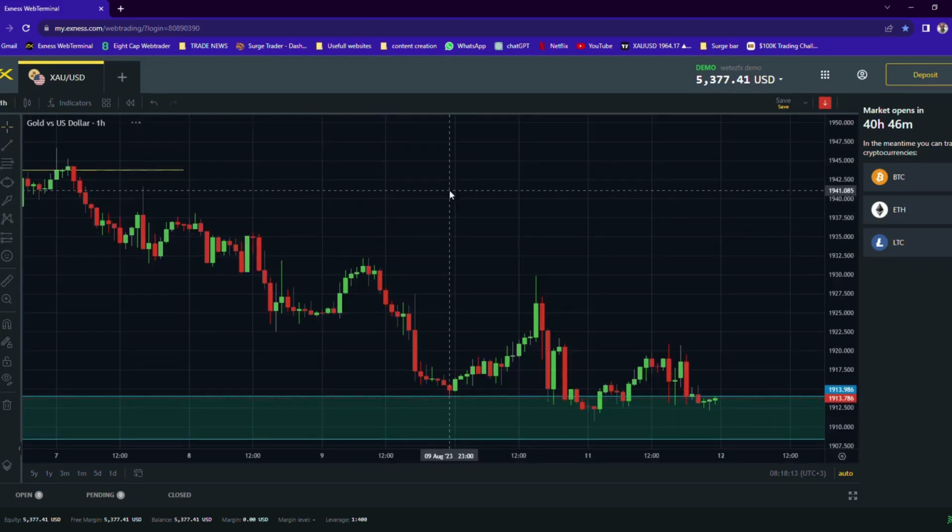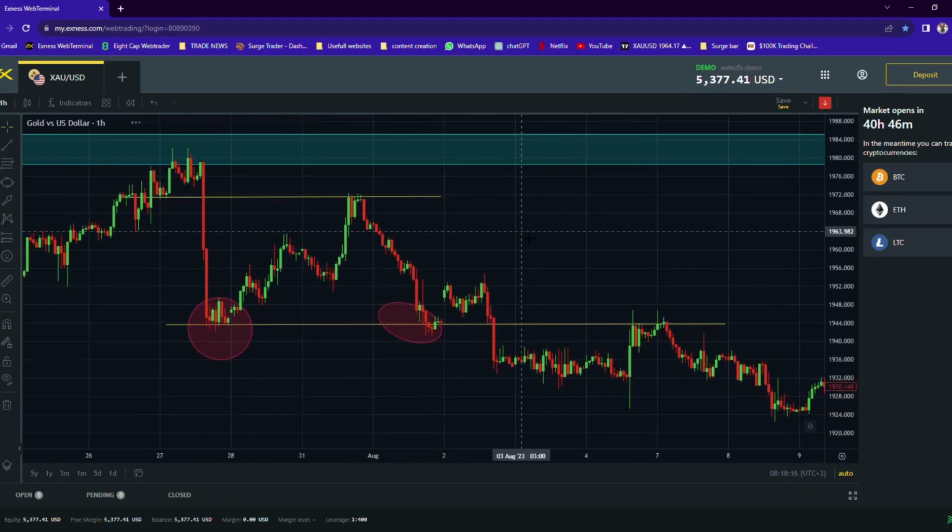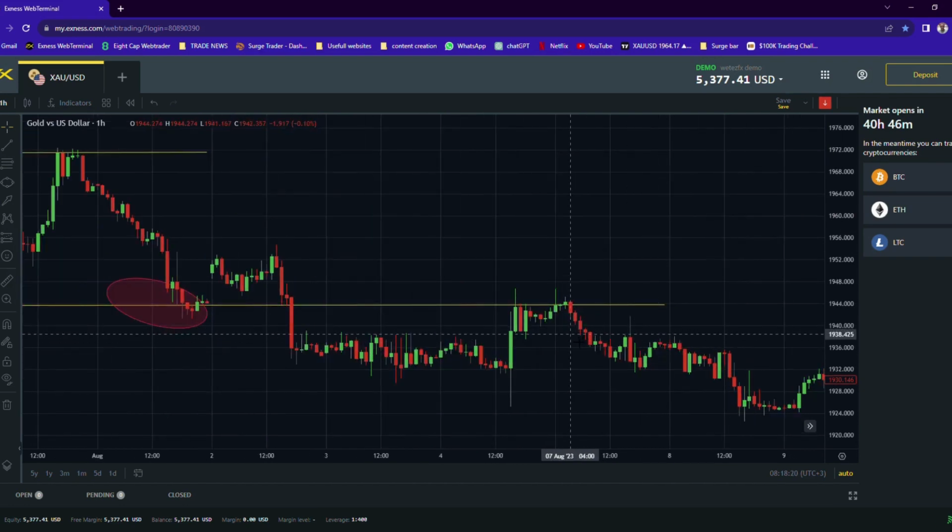If we jump into the 1 hour, it is very visible that the structure was broken, and this was a retest. This was early in the morning, Asian session, and the first hour of Asian session was straight down. It was a very good indication that we were heading for the downward continuation, or sell side, on gold USD.